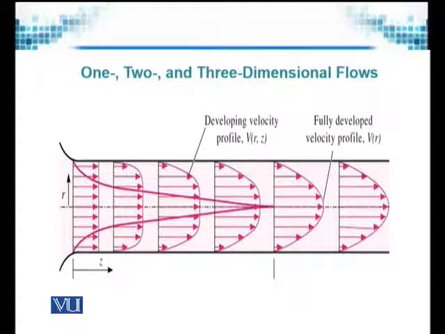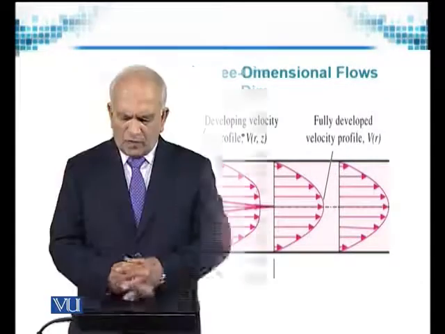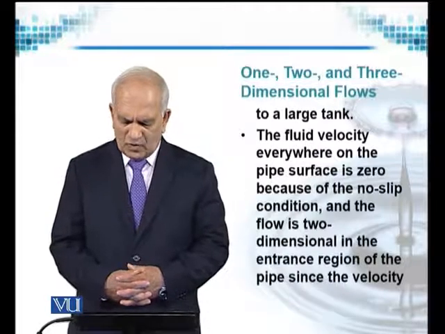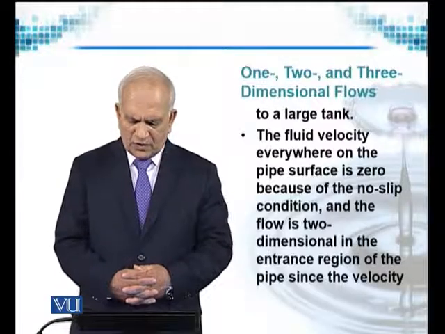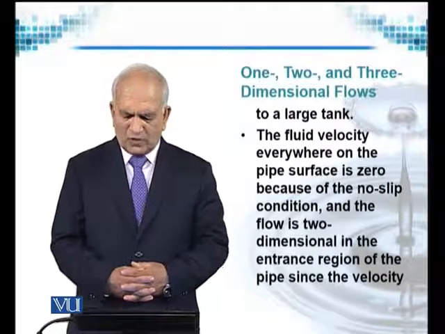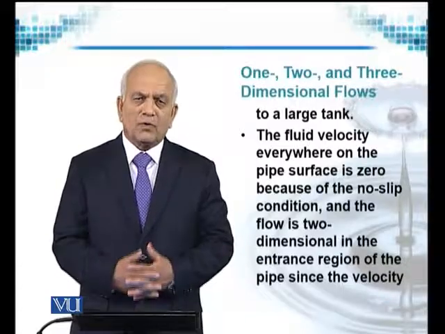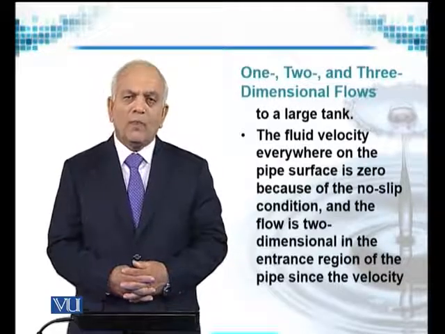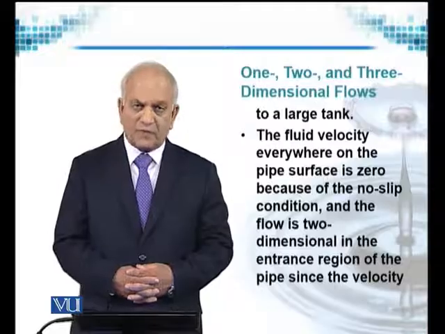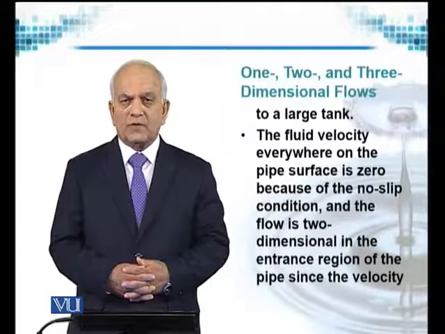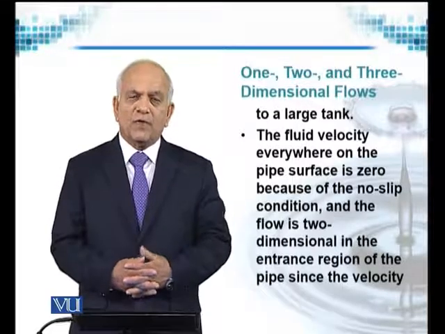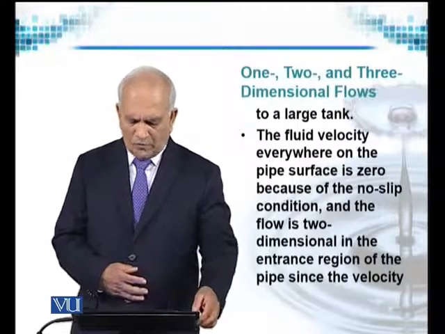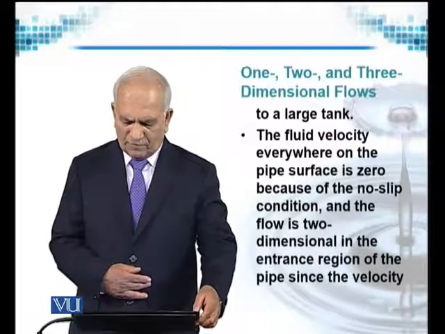The pressure will have different value for different value of z. The fluid velocity everywhere on the pipe surface is 0, as we discussed, because of the no slip condition. No slip condition here refers to the viscous effect that exists between fluid and the solid body of the pipe in which the fluid is flowing.